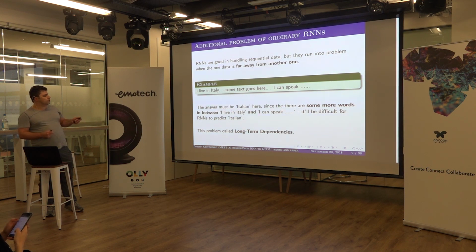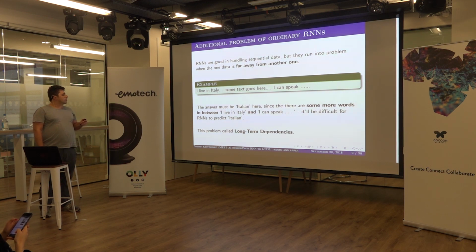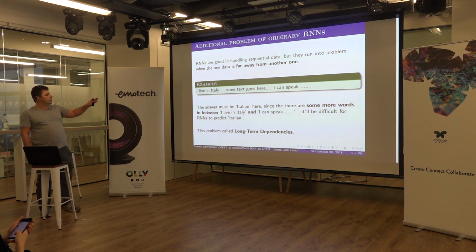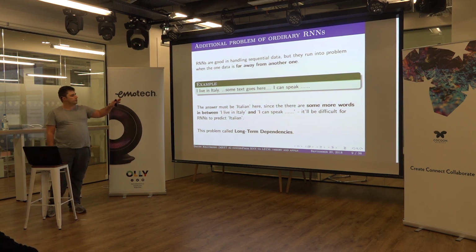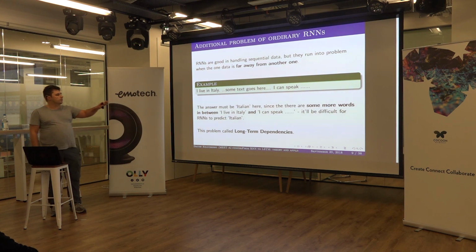This problem is called long-term dependencies. For example, the sentence "I live in Italy," and then some other sentences, and then the sentence "I can speak," and we need to infer which language the person can speak.